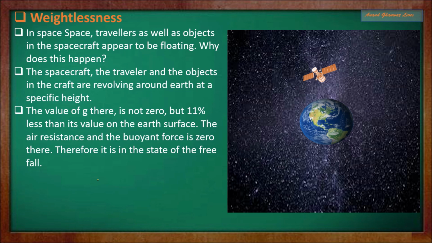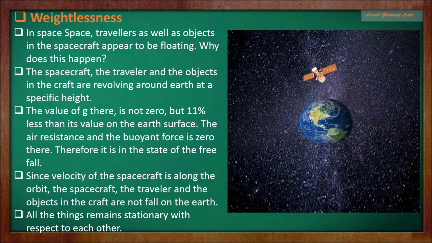Spacecraft, the traveler and the object are in free fall. Do you think that if they are in free fall, why do they not fall on the earth's surface? Because the spacecraft, the traveler and object all are revolving around the earth.